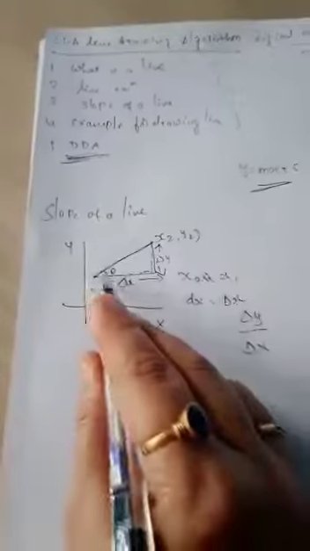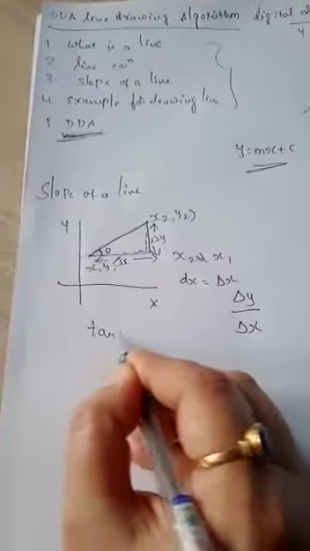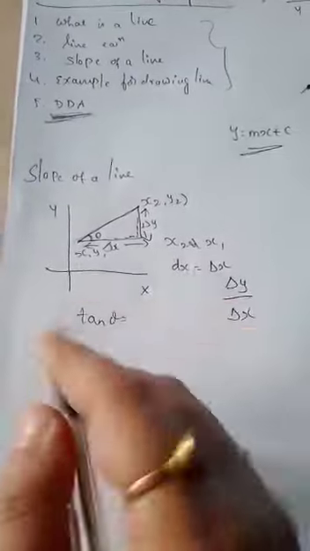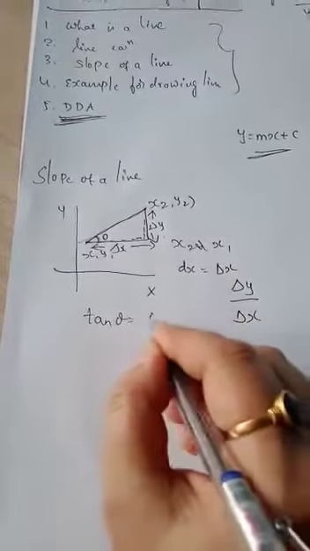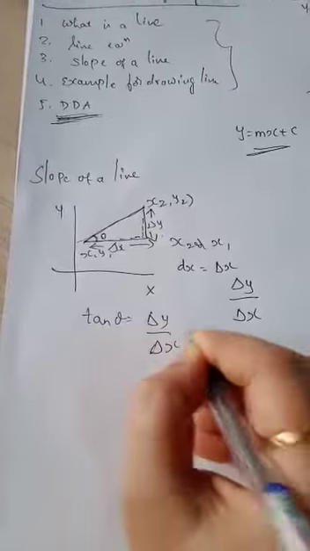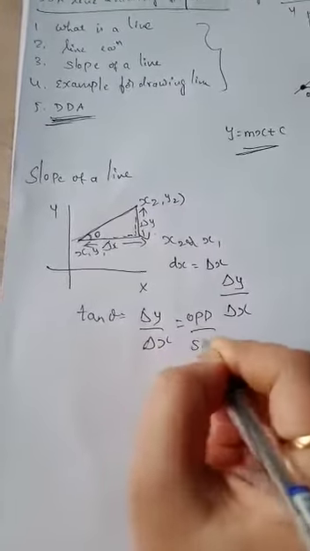Here we get a right angle triangle, and one more angle is forming, that is theta. Then the slope we find by delta y by delta x. Then tan theta is opposite by adjacent, that is delta y by delta x.